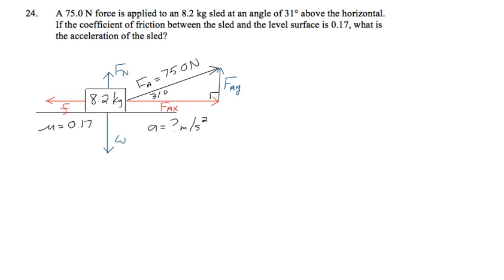So once I have that, I want my descriptive equations that help me a lot in solving this. So if I sum up my forces in the x direction, what will that equation be? Right, FAX minus F equals MA.